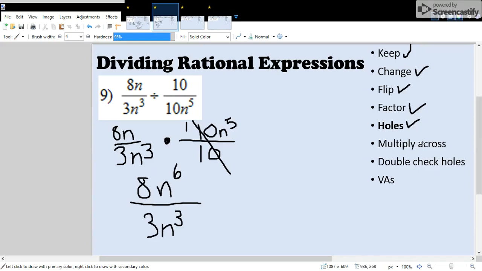Okay, when you have everything multiplied, you're going to double check for holes again and see if anything reduces. Well, we're subtracting exponents here because we're dividing these two n's. So we really have 8/3 and then n to the 6 minus 3. So what hole do we have here?